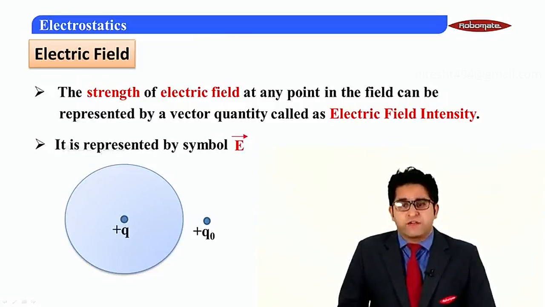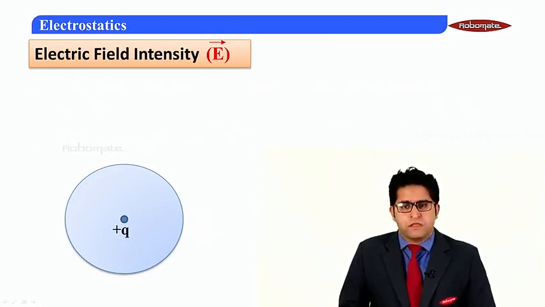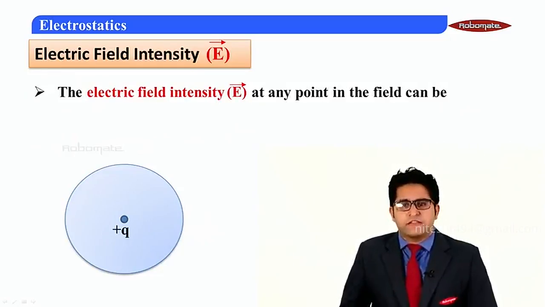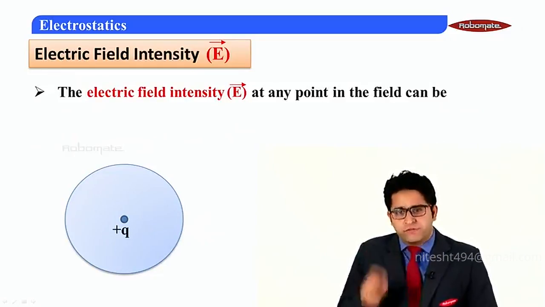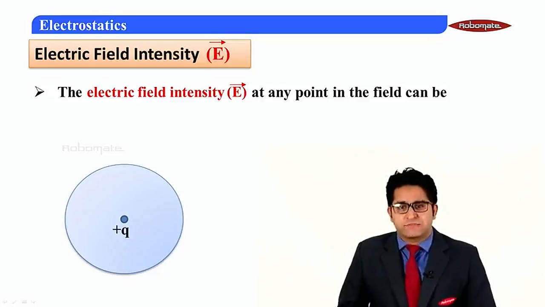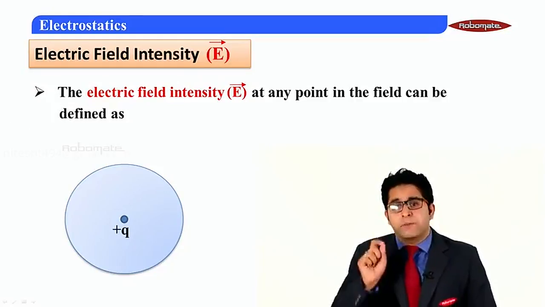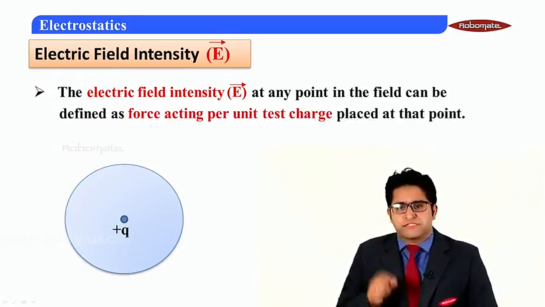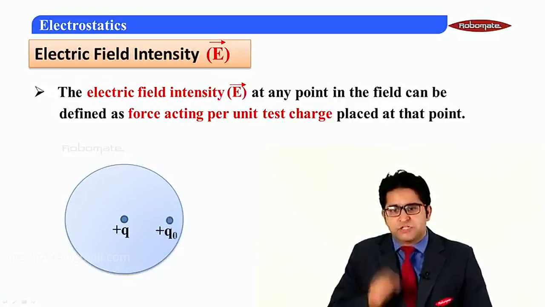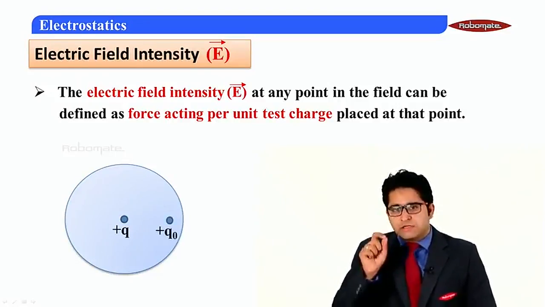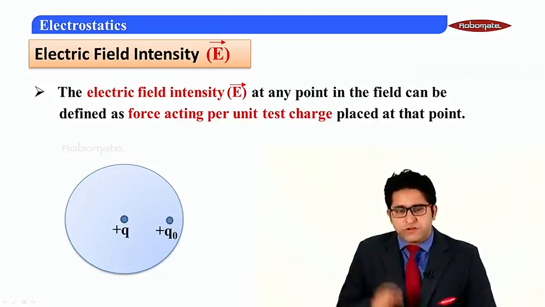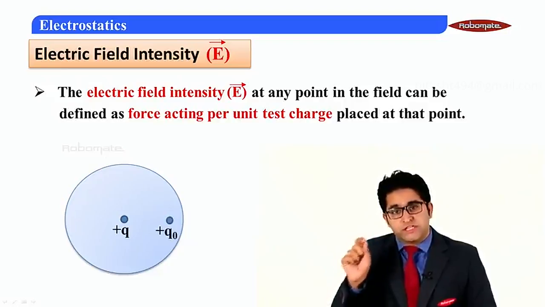Let us define electric field intensity now. Electric field intensity at any point in the field can be defined as force acting per unit test charge placed at that point. So let's say I am placing a charge plus Q naught over here. Now this charge plus Q naught is positive. Source charge is positive.